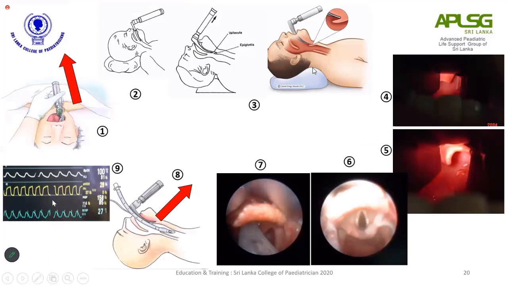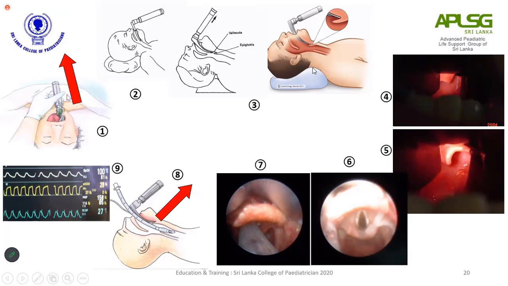Steps of intubation. Prior to intubation, you need to make sure that you have pre-oxygenated the patient well and the saturations are at a reasonable level above 93%. And you can start using your laryngoscope and make sure that the laryngoscope is working before you insert it.